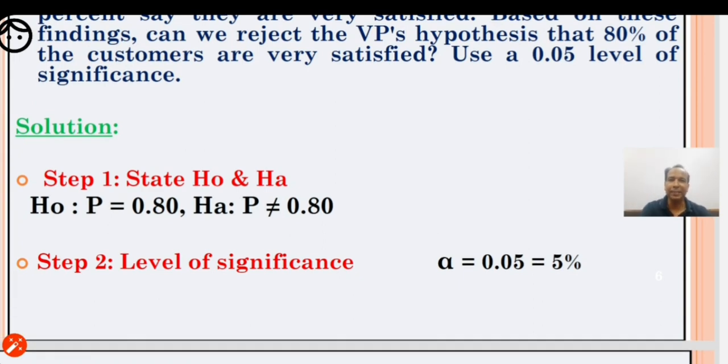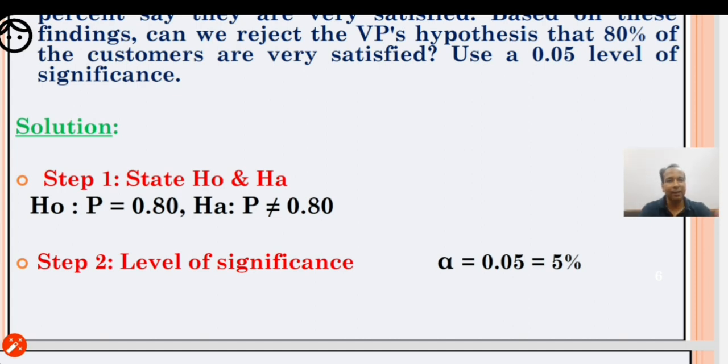So here we can see how the five-step process of hypothesis testing goes. In that, the first step is to state the null and alternative hypothesis.